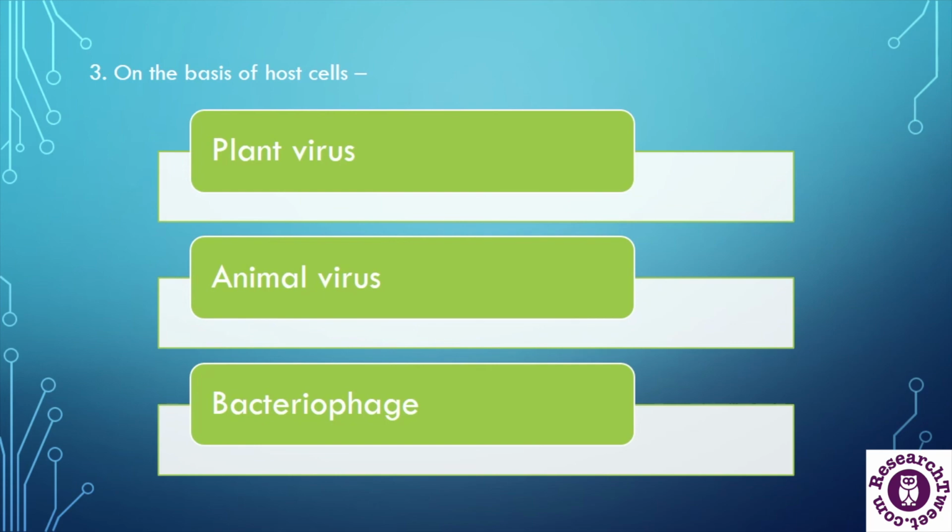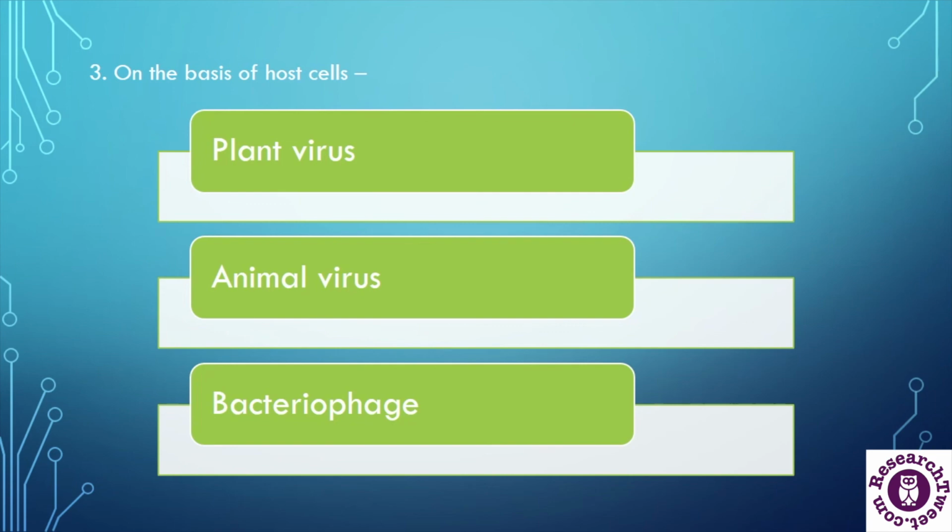The other type is animal virus, which causes different types of infections and viral diseases in humans as well as in other higher animals. They have genetic material of either DNA or RNA, like influenza, coronavirus, rabies virus, poliovirus, and many others. The third type is bacteriophage.